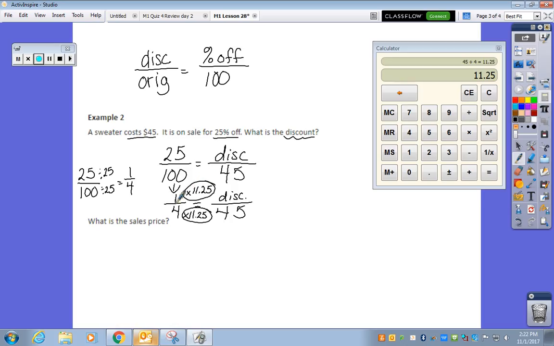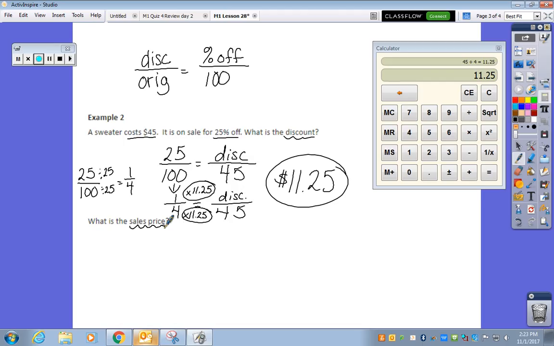So I can see 1 times 11.25 tells me it was discounted $11.25. So if you see an item that costs $45 and it's on sale for 25% off, the discount would be $11.25. Now here it's asking, what is the sales price?